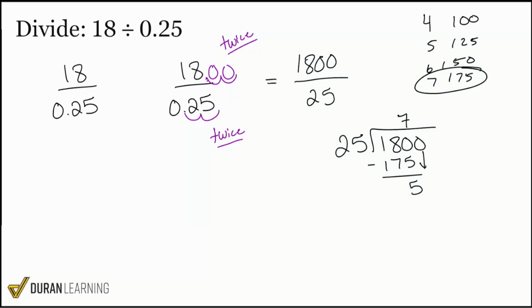And so then we drop that 0, and we ask ourselves, how many times does 25 go into 50? That's an easy one. That's going to be 2. And there we go. The final answer here is 72. And we're good. And if you don't believe me, again, take a moment, grab that calculator, and do 18 divided by 0.25. And there you are.